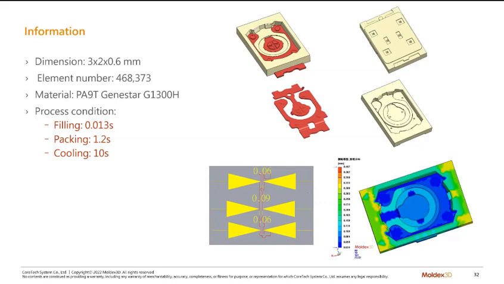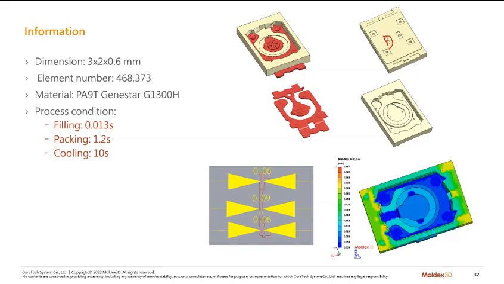And in some regions, like here or the others, the thickness is super small, like 0.09 or 0.06.